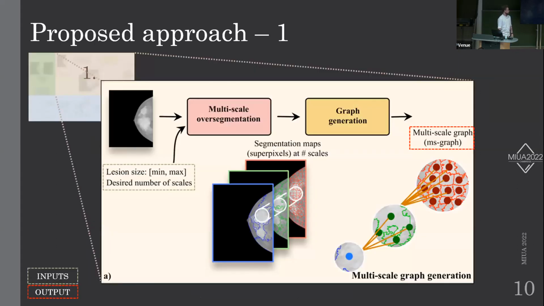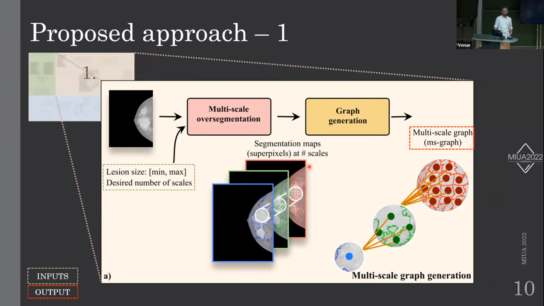This is an illustration of our graph generation process, where we feed our mammogram to the process, and a superpixel algorithm will generate a multi-scale over-segmentation. This is an example of a multi-scale segmentation of our mammograms.